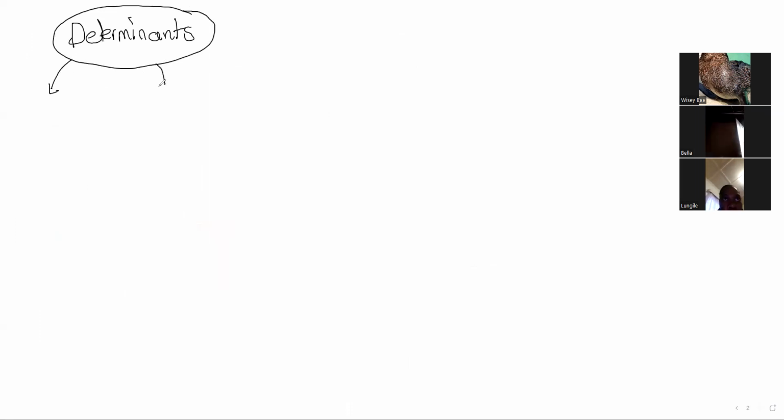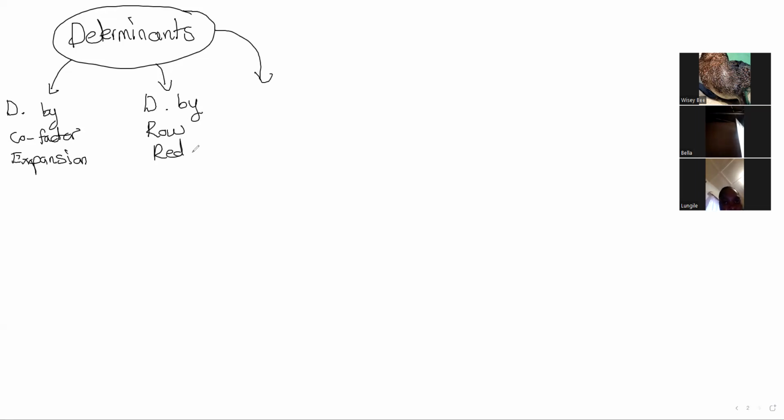We need to know how to find the determinant by cofactor expansion, and then we also need to know how to find the determinant by row reduction.